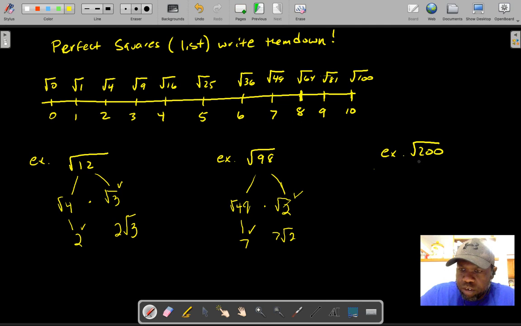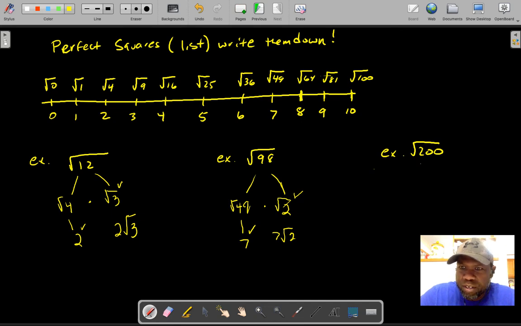So we have 200. We know 200 is a little bit farther up, so I think that's like 14. So it'd be 14 something, like 14.4 or 14.5. If we want to do the math, you can put it in a calculator, but that's not what we're here for. So again, we're thinking about what perfect squares can go into 200.